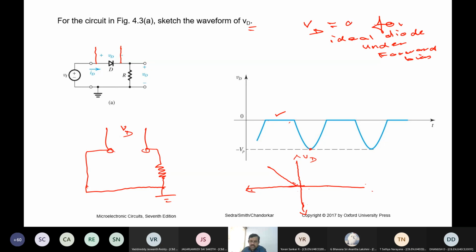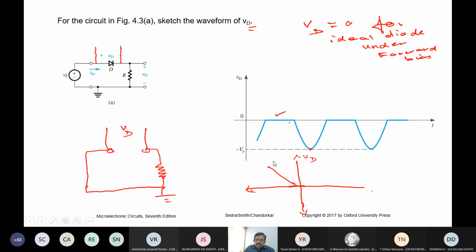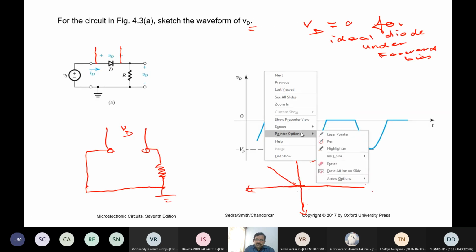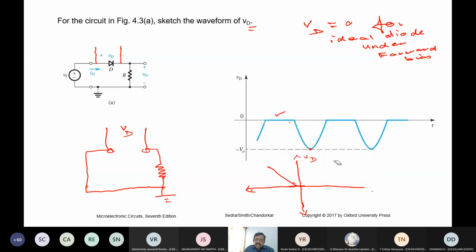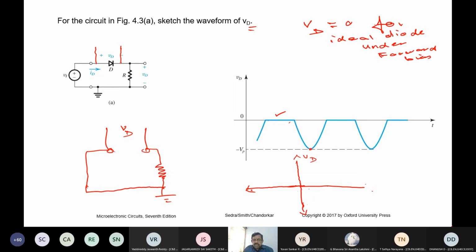I have to draw it a little more carefully. I'm using a board where I cannot see what I draw on the board. I have to see it the way I draw only from the slide, because that board does not have the facility to replicate what I look at. This is a blackboard. I don't see what I write on the blackboard, but I can only see it on the screen.